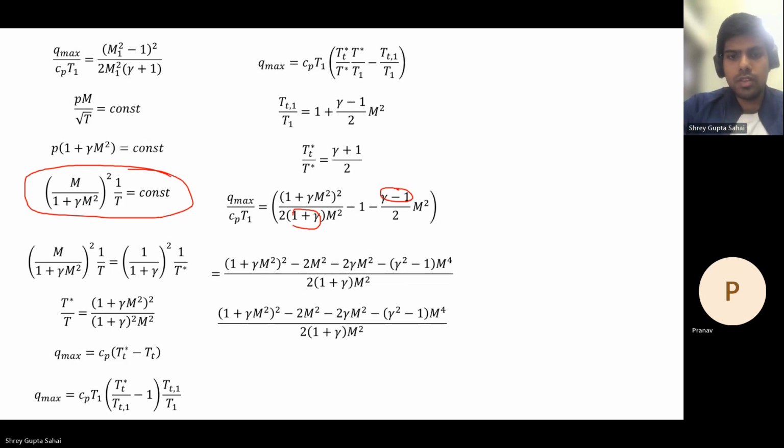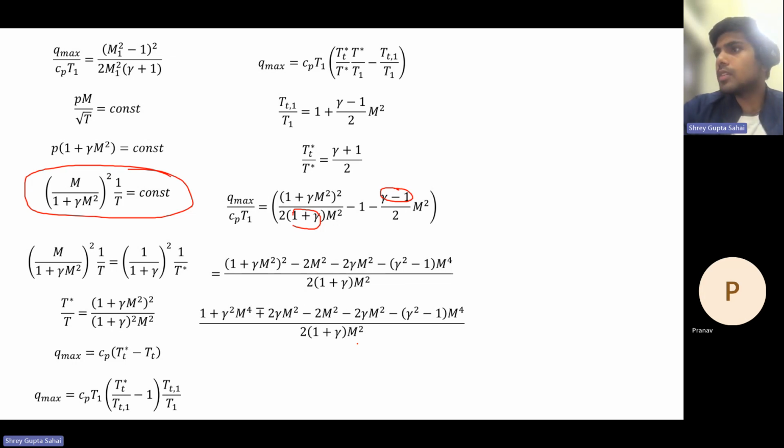So this one can be written as 1 plus gamma square Mach to the power 4 plus 2 gamma Mach square, plus there is a minus sign.